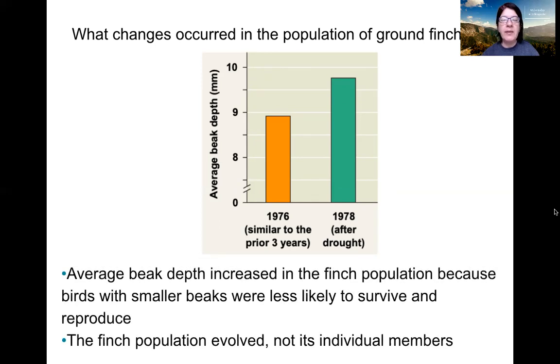And hopefully this was your answer. The average beak depth increased in the finch population because birds with smaller beaks were less likely to survive and reproduce after the drought. The finch population changed, not individual members, but the population of this particular ground finch changed.